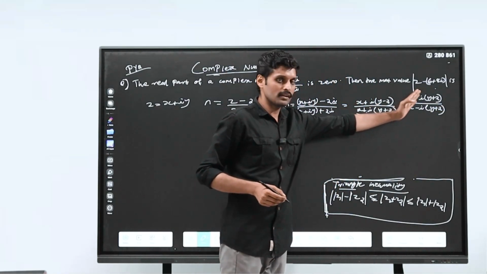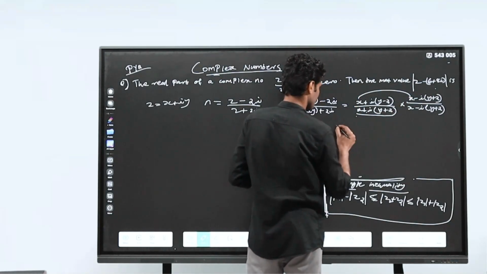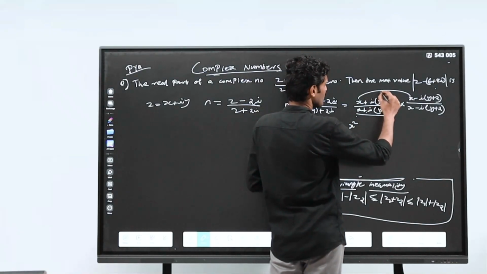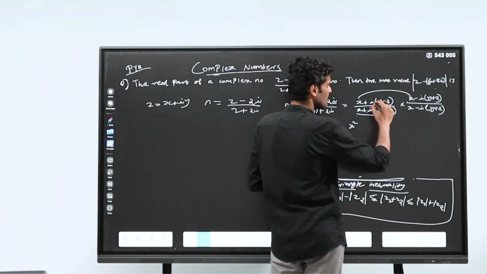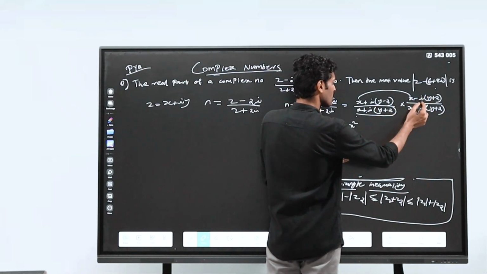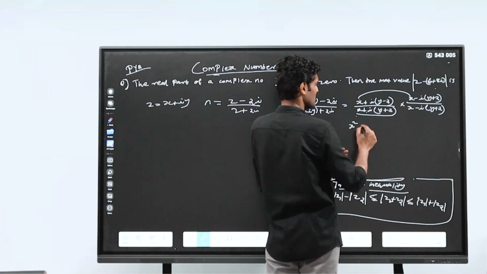Then elaborating this, we will get x into x, x square, first term into first term, then imaginary terms into imaginary terms, i into i square. i square is always minus 1, minus 1 into minus is plus.